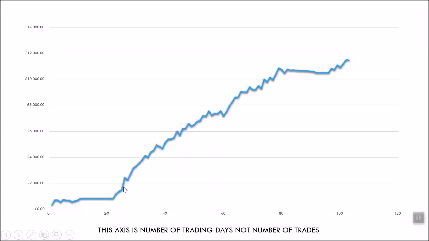It's also important to note that this axis here, the x-axis, is not showing you the number of trades. It's actually showing you the number of trading days. It's important to get this fact correct, because certain people have been saying, well, I've only done 100 trades and I'm already talking about how good the model is. Well, I haven't done 100 trades.